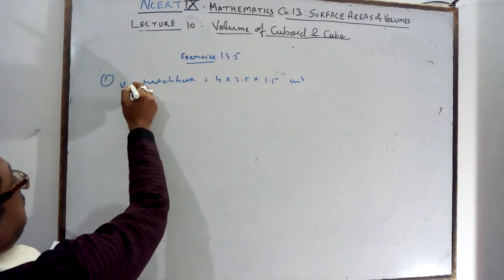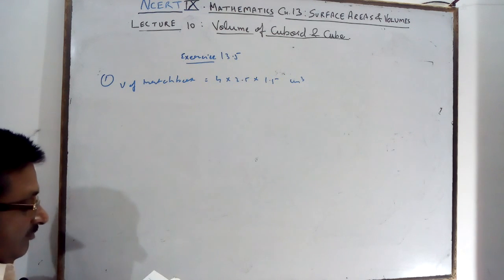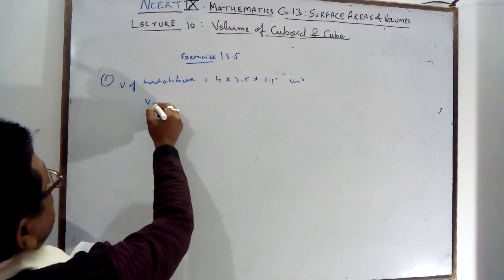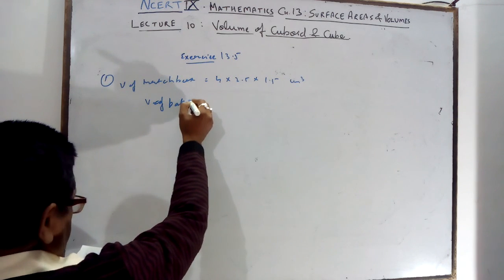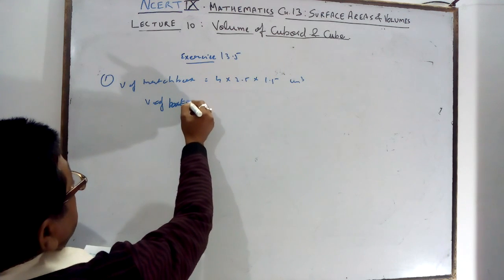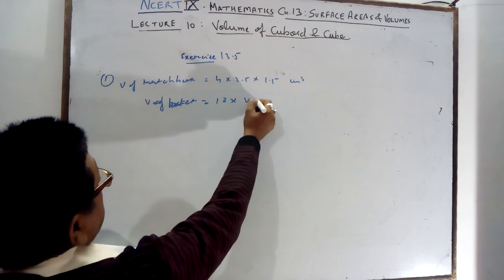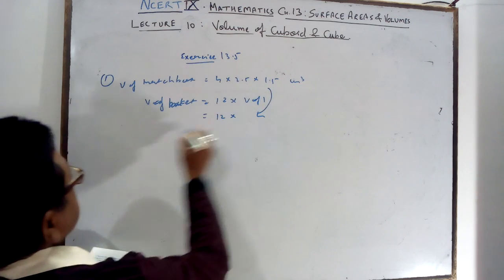It is the volume of one matchbox. What will be the volume of a packet containing 12 such boxes? So volume of packet is equal to 12 into the volume of 1, so that is 12 multiplied by this.